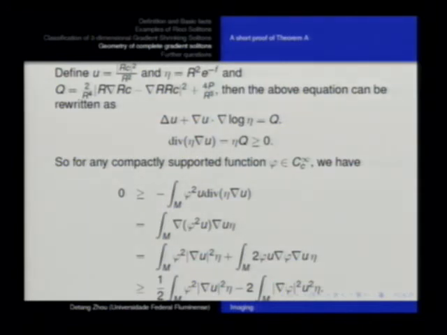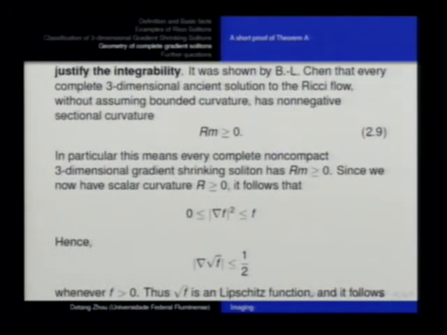You don't need to justify it if it's finite. Fortunately, using the estimate we obtained and the non-negative curvature condition from the binomial result, you have this, you control this, and you control this.